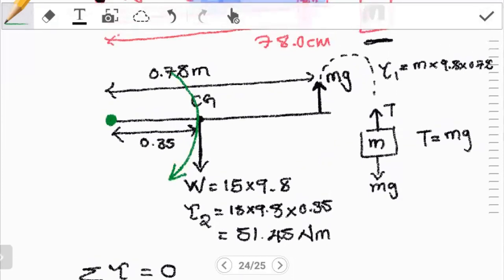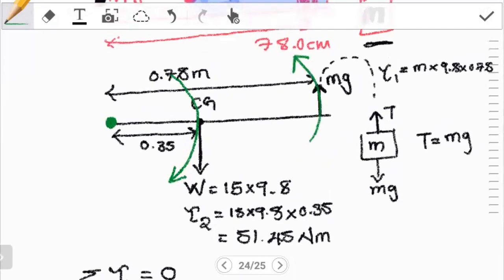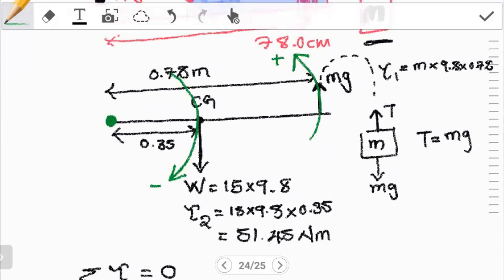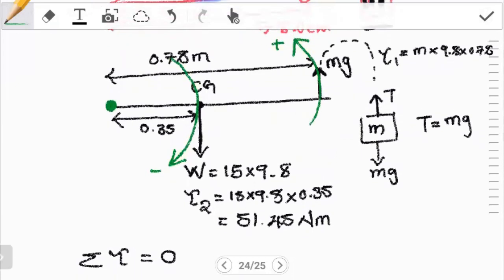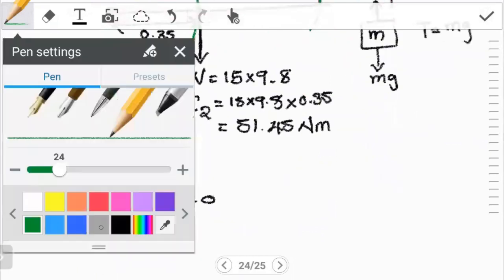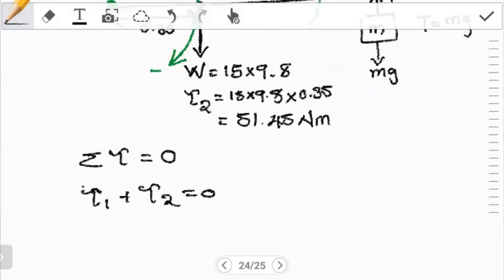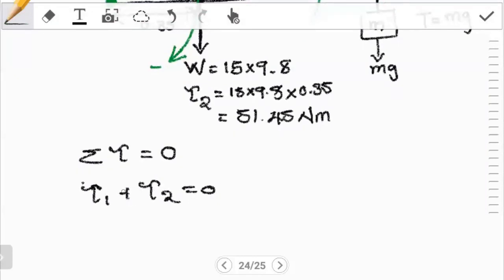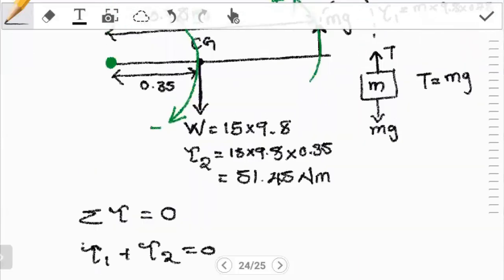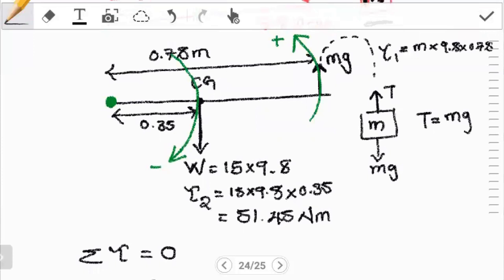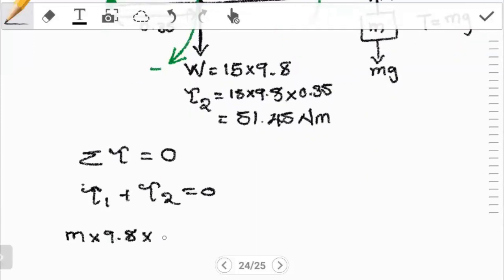Because of this, we can choose anti-clockwise to be positive and clockwise to be negative. So when we perform our substitution, torque 1, remember that's the anti-clockwise one, so it's going to be positive. So we had m multiplying 9.8, multiplying the distance, which was 0.78.